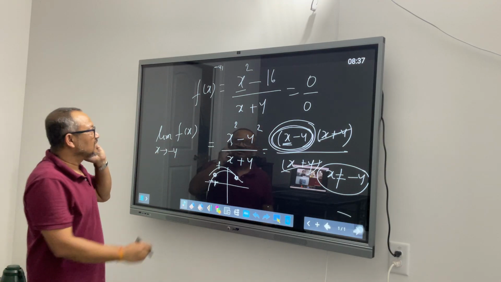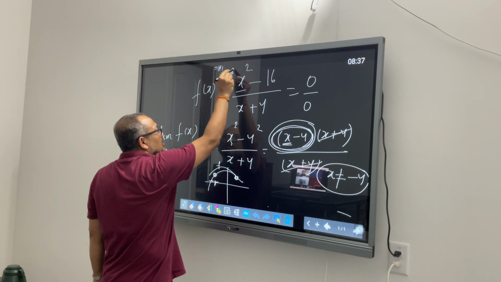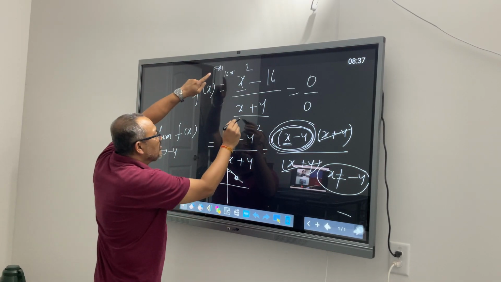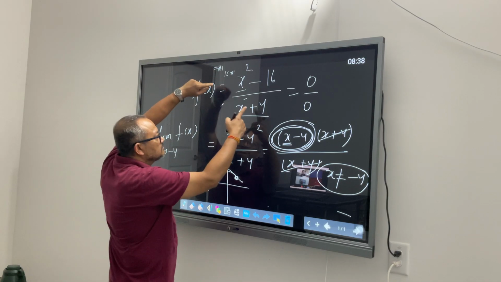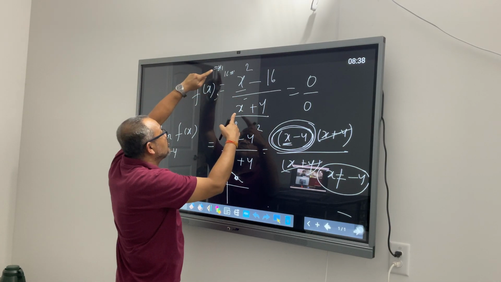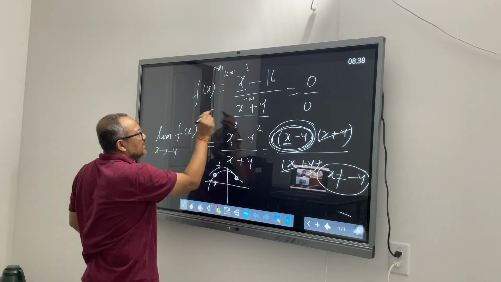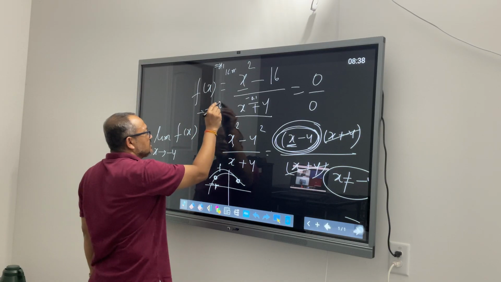The numerator becomes 16 point, let's say, 001, I'm just making it up. And the denominator becomes minus 4.1 plus 4, which is minus 0.1. So 16 by 0.1 is almost like minus 160.